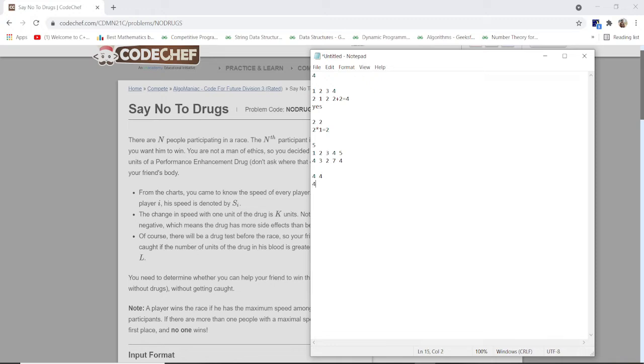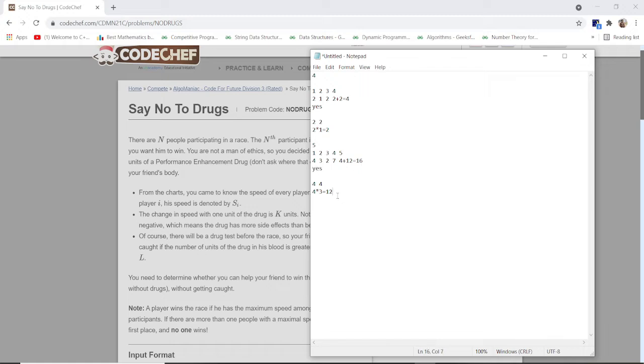So 4 into 3 equals 12, and if I add this to the speed, the speed will be 16. So 16 is the highest speed among all of the players, so my friend will be the winner. So that is why I can print yes.